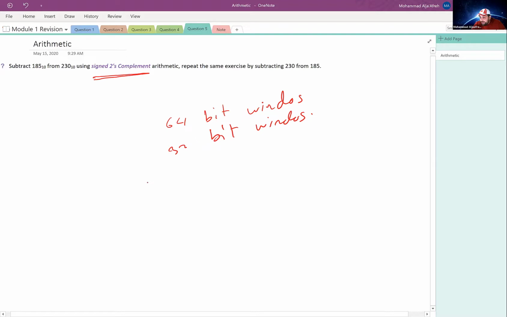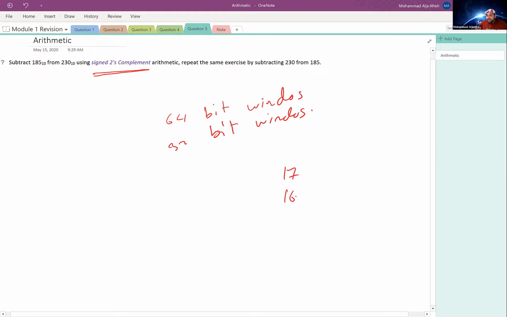I have here an example, please let me. Okay, let's suppose that I have 17 and 16, and I want to just add them using a 6-bit representation.